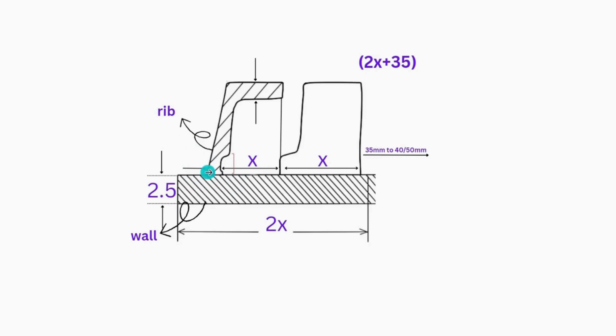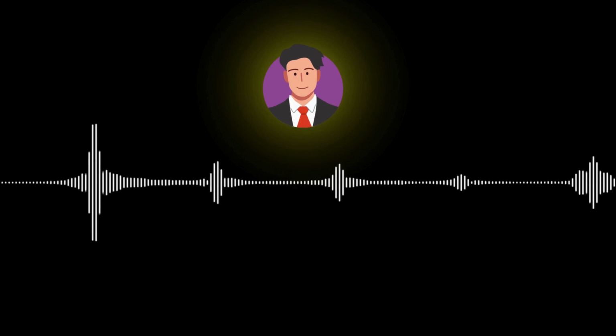When there is a spear over here, the spear should touch all the radii, and this should be minimum 40% of the wall thickness. This is the basic idea behind it. These are the things you should know to answer in an interview.